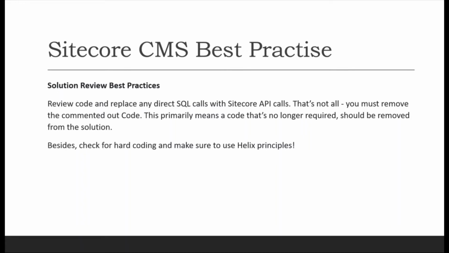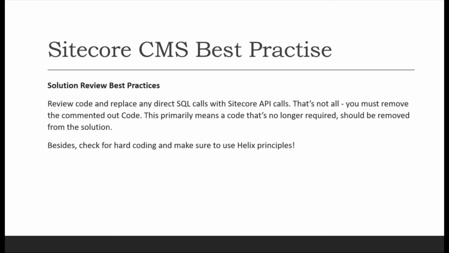Solution review best practices. This is for the platform side. On the platform side, remove the commented code and replace direct SQL calls with the index API or Sitecore API, so that we will not directly contact the CMS. If you use the Sitecore API or Sitecore indexes, it will be rendered from the indexes, so you will not directly query the content items from the CMS.